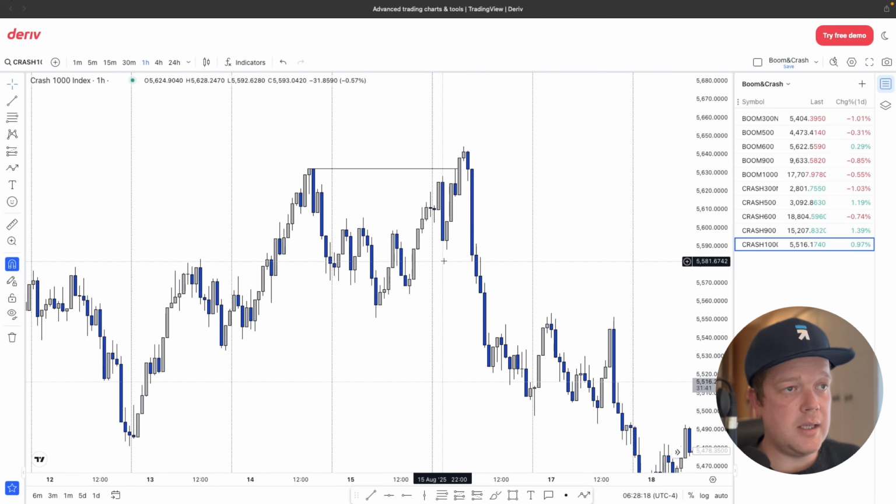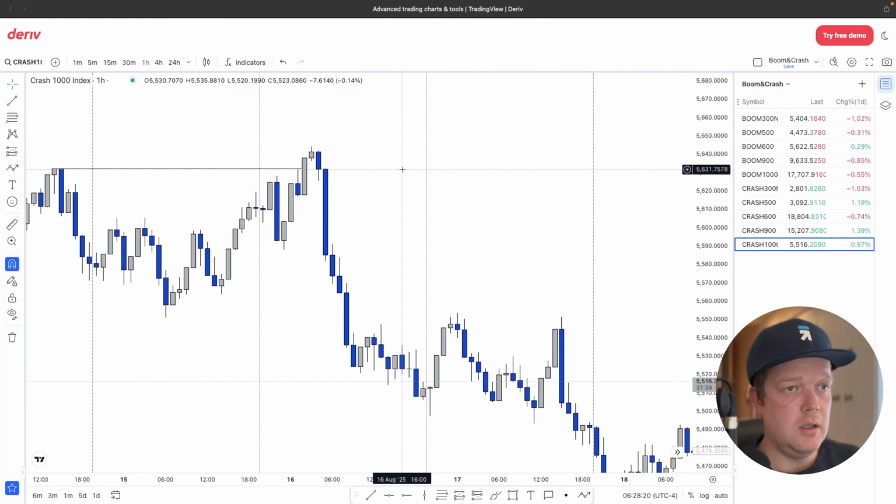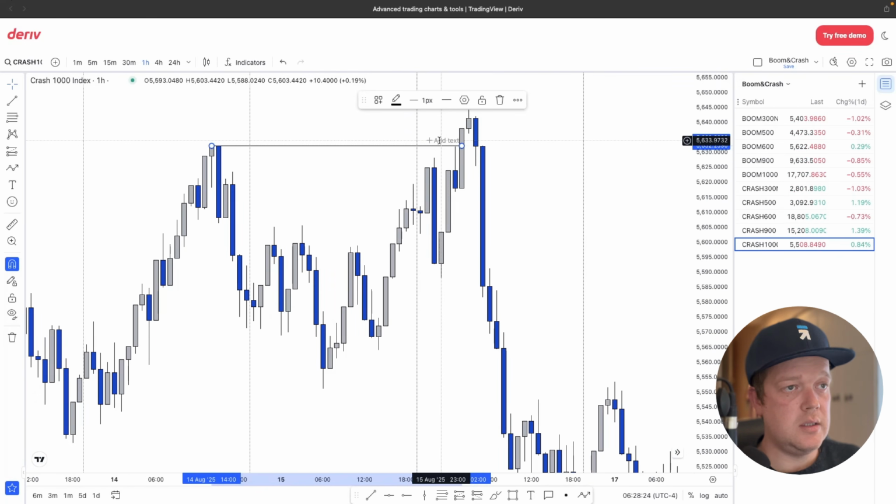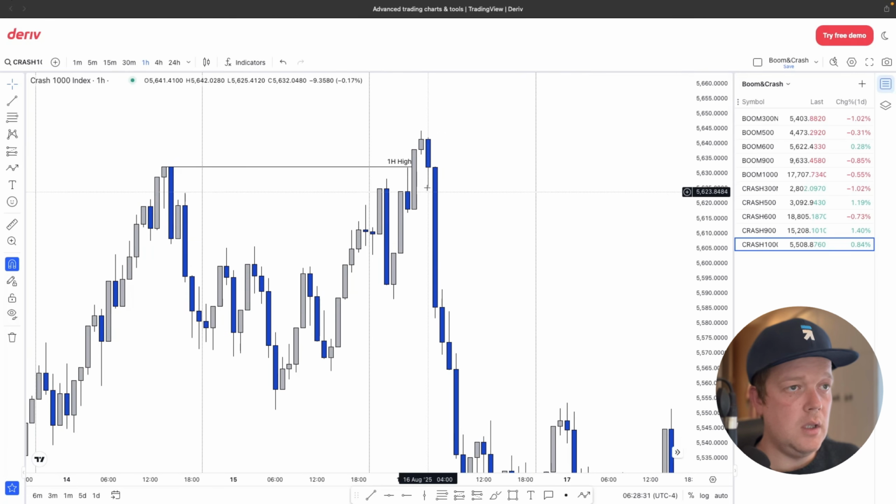So when price came up right over here, remember we are on the 1 hour. So this is the 1 hour high. Where was the last 1 hour low that took out this high? It was this one right over here.